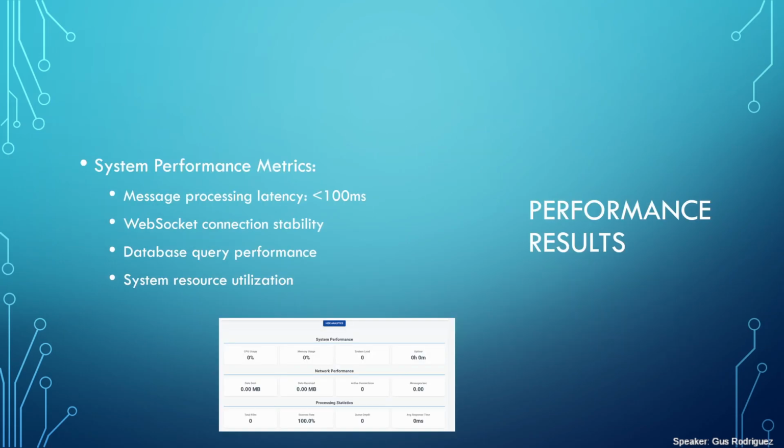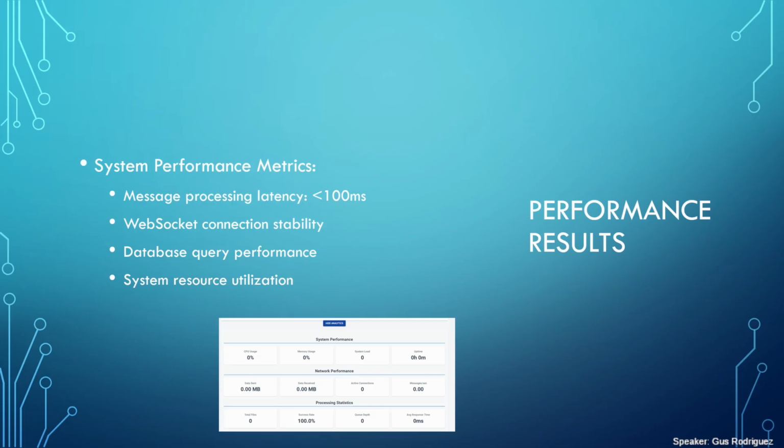The system consistently processed messages with latency under 100 milliseconds, which met our real-time requirement. We conducted extensive load testing, simulating multiple concurrent users and high-volume messages. The system maintained stability even under peak loads, with our WebSocket connections remaining reliable and database queries performing efficiently.